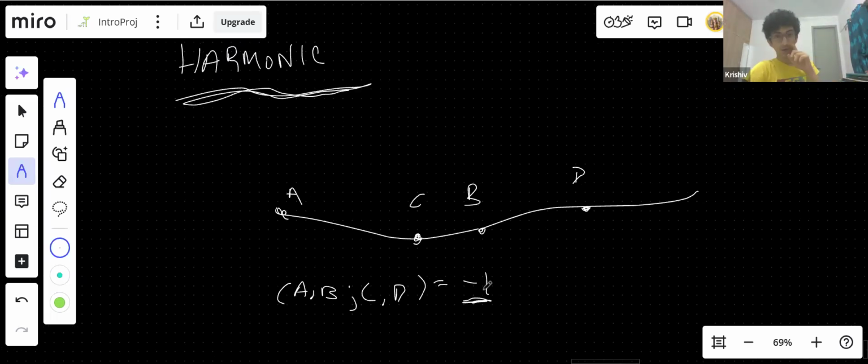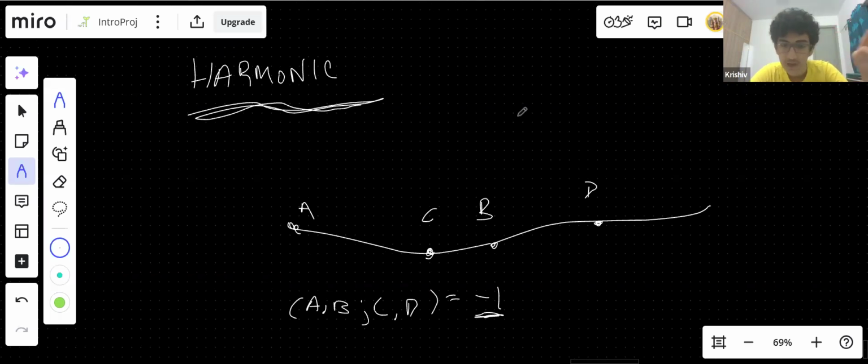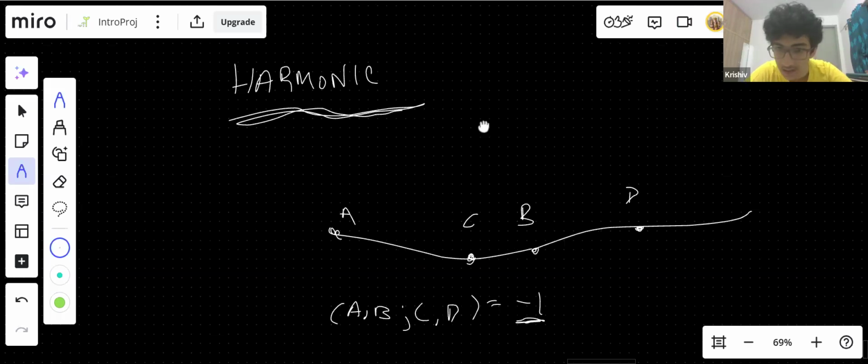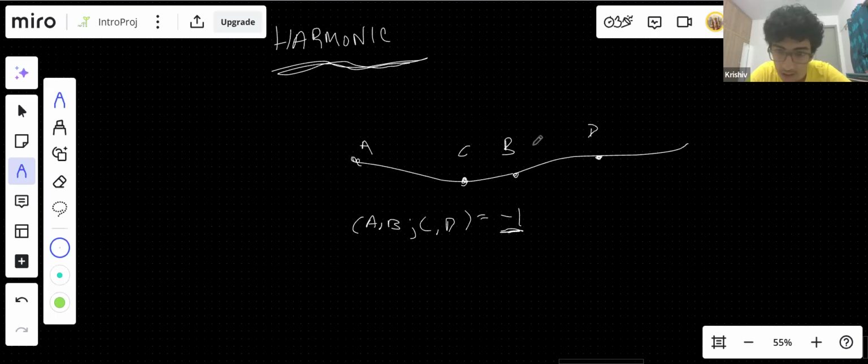If ABCD is equal to -1 for any 4 points, be it collinear, concyclic, or even 4 lines, we define those 4 points or 4 lines to be harmonic.